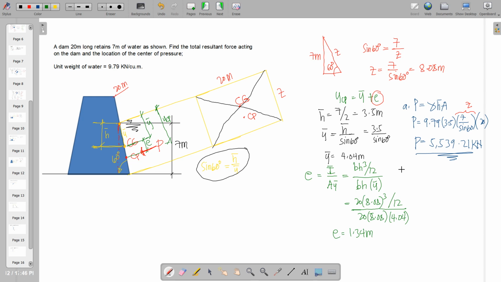So therefore, we can now work with the second unknown, say letter B. YCP is equal to Y bar plus E, and that will be equal to 4.04 plus 1.34. This will be the location of our center of pressure up to the liquid surface, and that would equate to 5.38 meters.